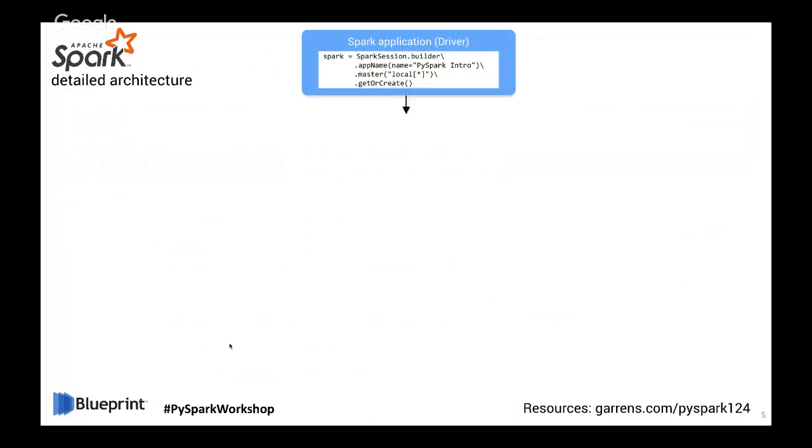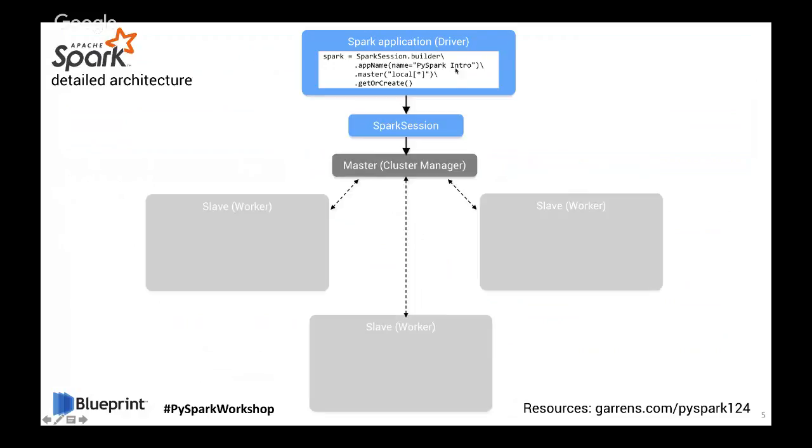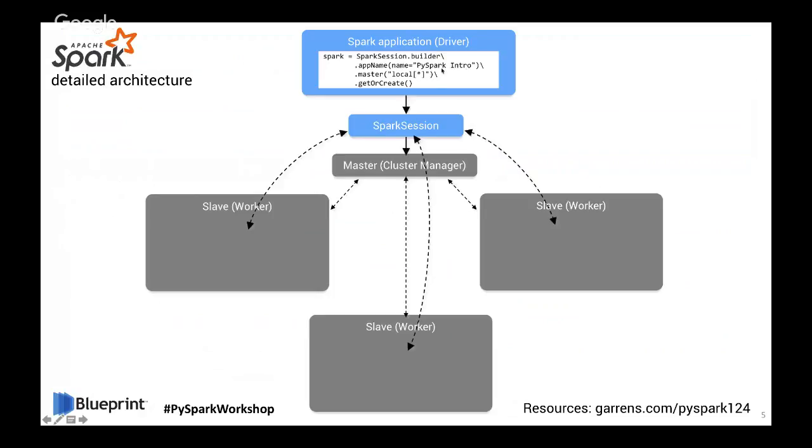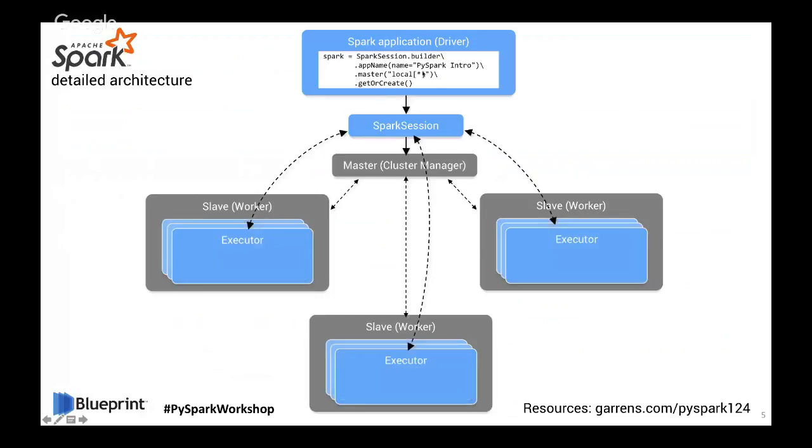So let's go through the detailed architecture of how this works. You have a Spark application, the driver. We tell it to build with an app name of PySpark intro. Our master is local star. Sorry, this animation is a little bit ahead of me.